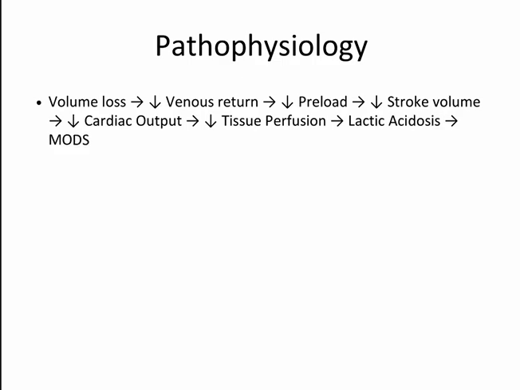As I have told earlier in the definition, volume loss is present in hypovolemic shock due to the causes that I have listed in the previous slides, and there is decreased venous return, which leads to a decrease in the preload and a decrease in the stroke volume, therefore resulting in a decrease in the cardiac output that leads to a decrease in tissue perfusion, that is, blood reaching the tissues is decreased.